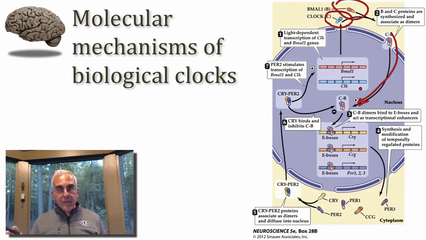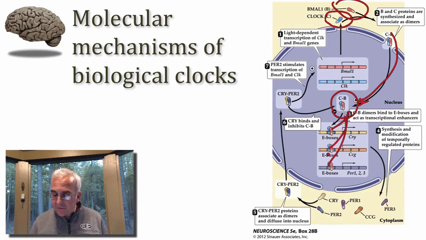And they form this complex that can bind to regulatory elements of target genes. And those regulatory elements are called E-boxes. And these basically form transcription factors that can then turn on a set of target genes. Well, those genes produce their products, and these include a variety of proteins.